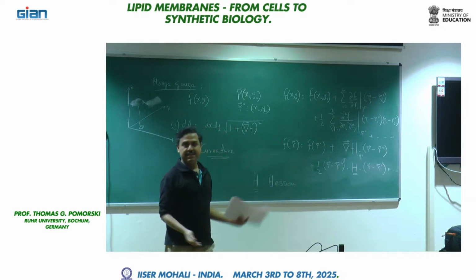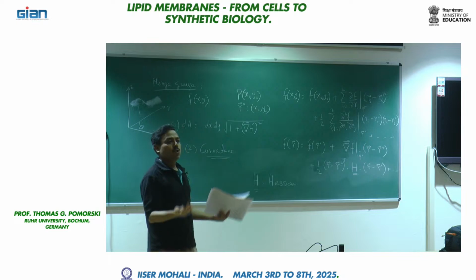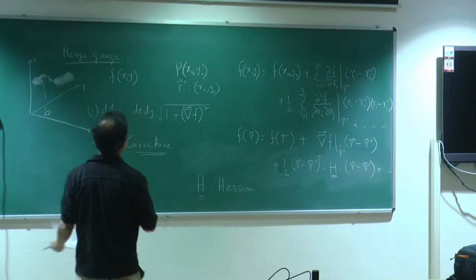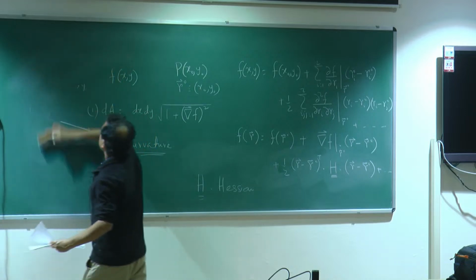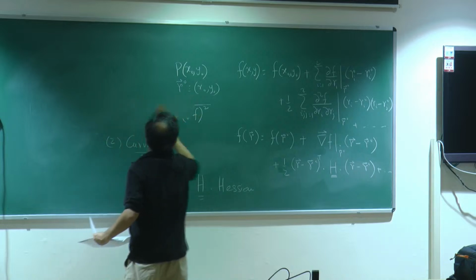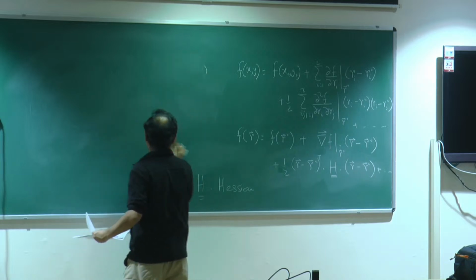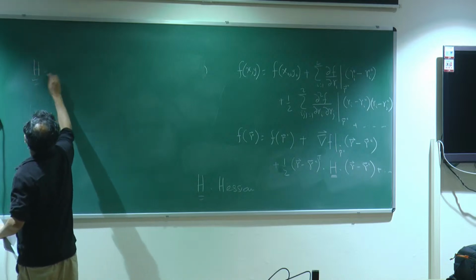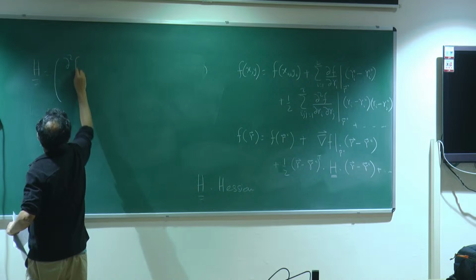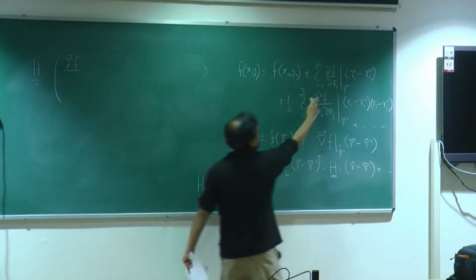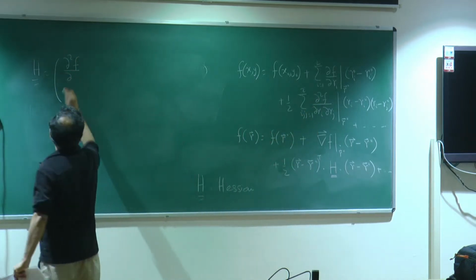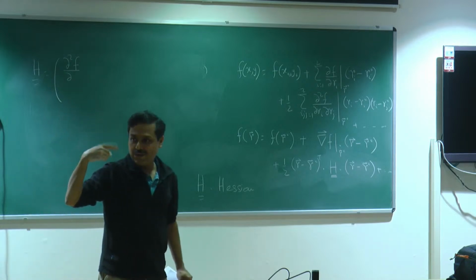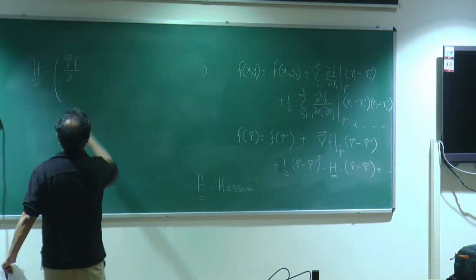If I write the Hessian down, it is just a 2 cross 2 matrix. The elements of this 2 cross 2 matrix are the following. We'll have components del 2f. Now when i equal to 1, j equal to 1, both times it is a derivative with respect to x. So this is basically del 2f del x2.